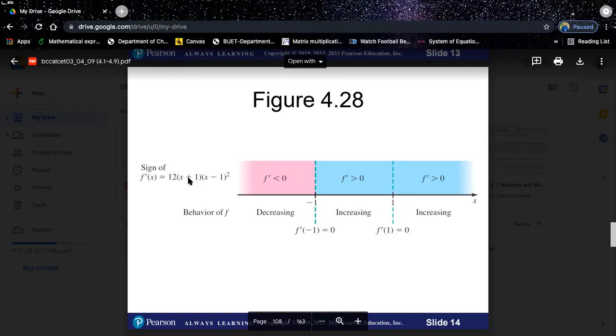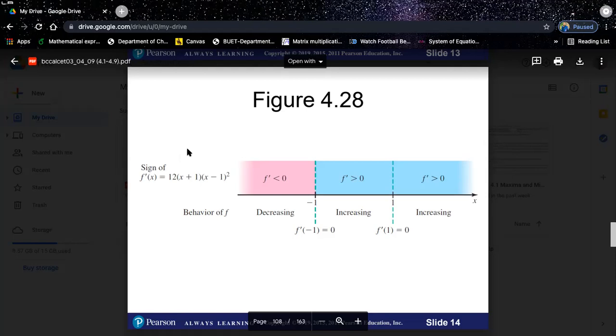Okay. What happens after -1? If we pick any value greater than -1, same happens with this one. This will always be non-negative, whichever x you pick. But if it's greater than -1, this term will be positive.